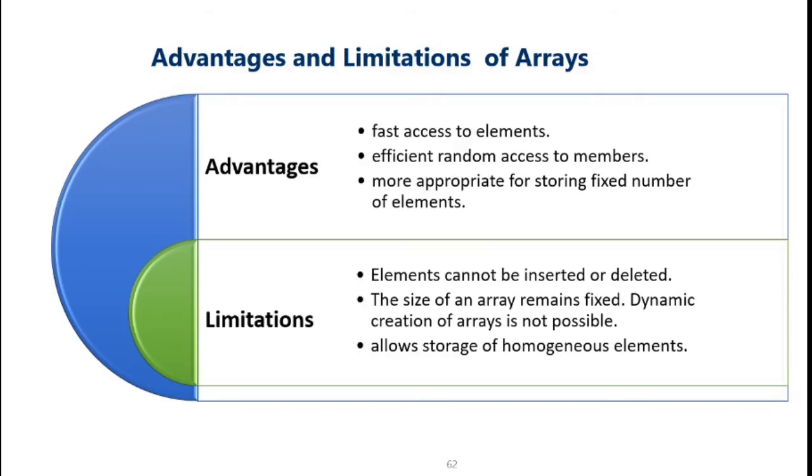But at the time of creation, if you have given the size of the array as 5 and you want to insert one more element into the array at, for example, the third position, then it is not possible because you have given the size of the array as 5.